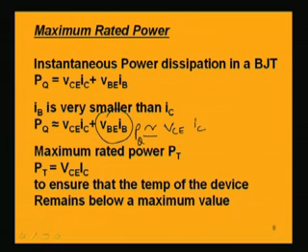So, there is a limiting condition that the transistor temperature should not go beyond this value. That temperature is generally specified, and so the maximum power dissipation is actually related to the transistor's temperature. It should not go beyond a particular temperature which is specified.